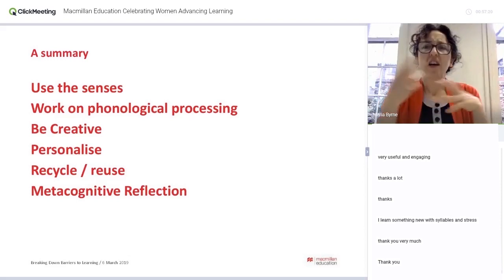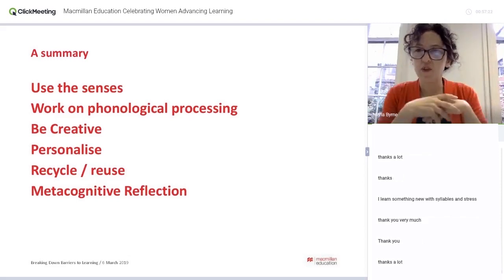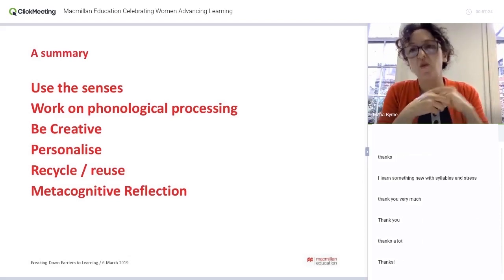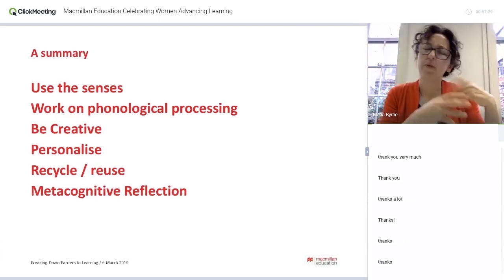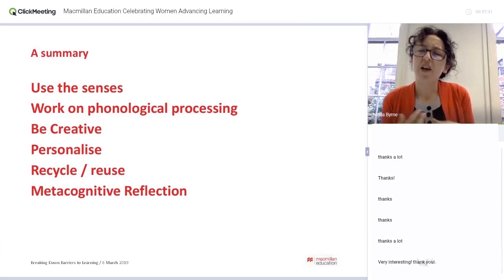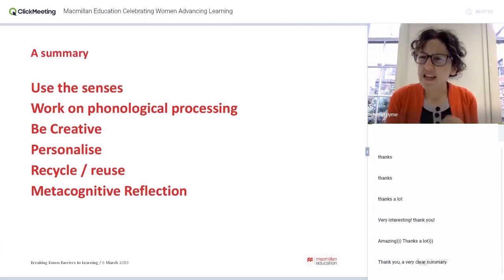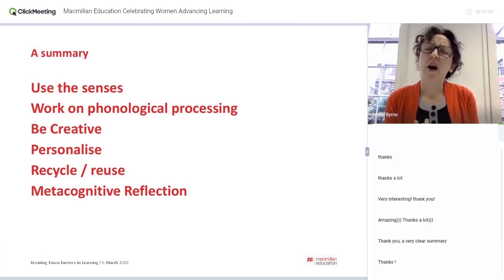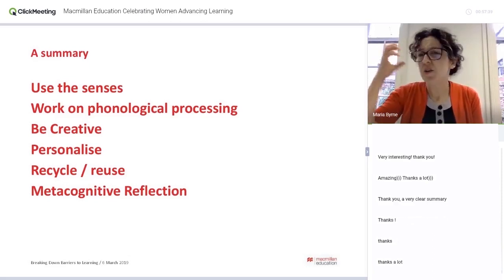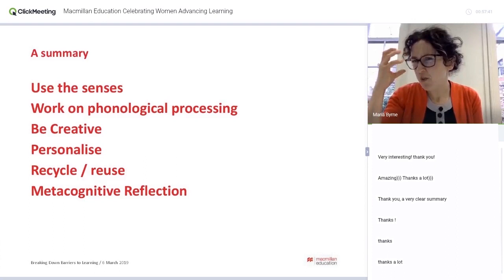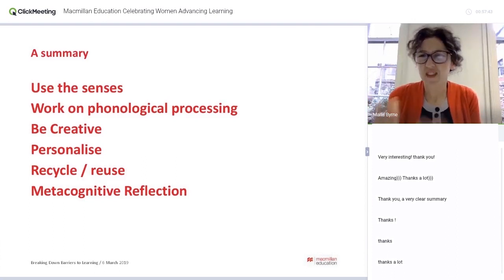Personalise, even if it's sharing things about yourself or giving them opportunities to share things with each other or about each other. Recycle, reuse. So we've talked about food, but we've done it in many different ways. Keeping a variety of activities going, maybe around the same topic, helps the learning go into their brains in a more concrete way and be memorable.